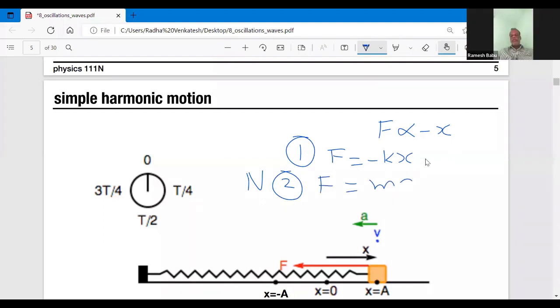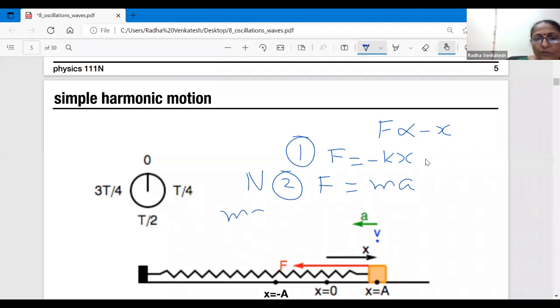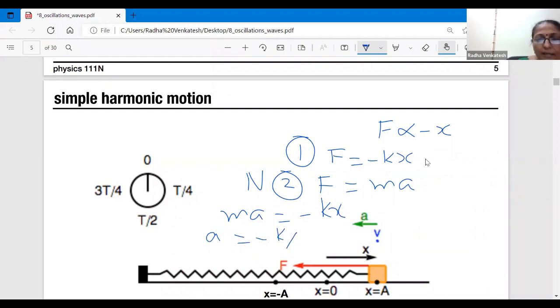F is equal to ma. Now can I compare the two and write ma is equal to minus kx? Then from that I get a is equal to minus k by m times x.